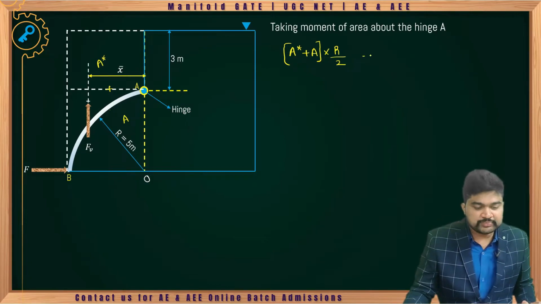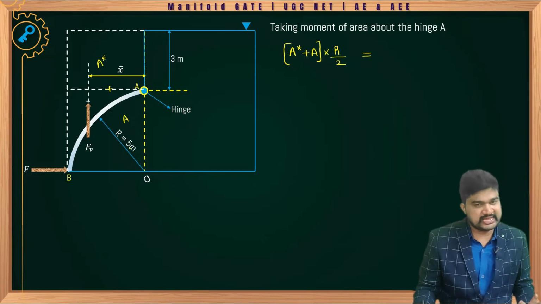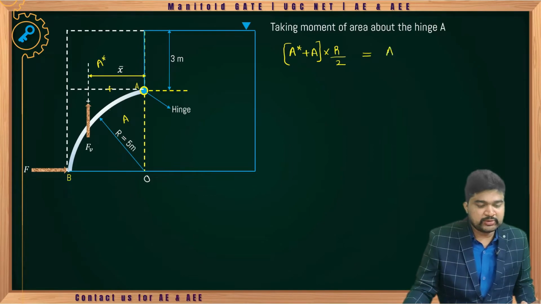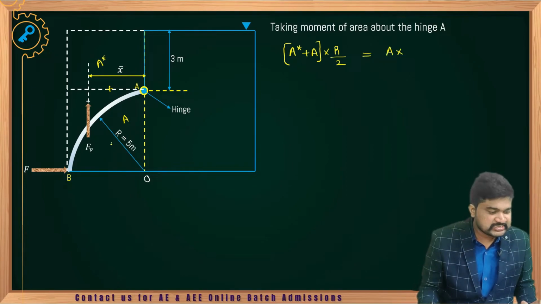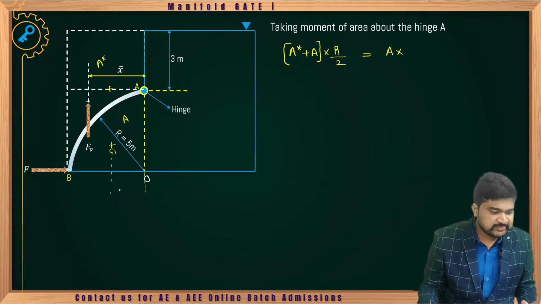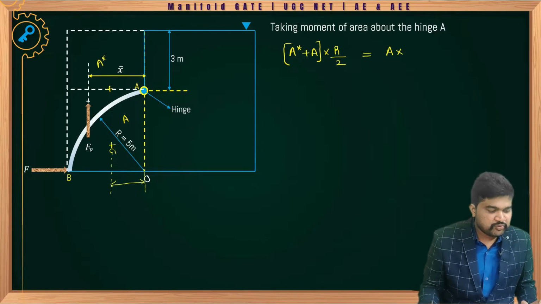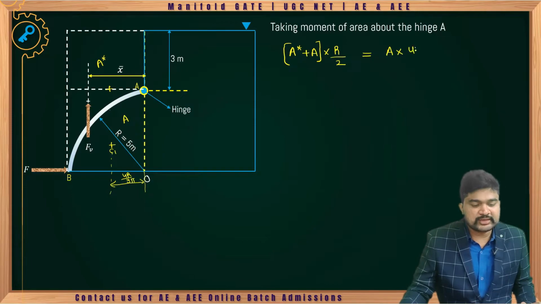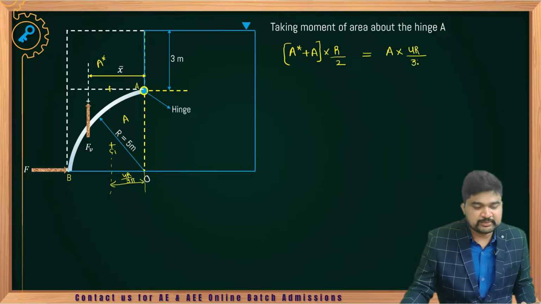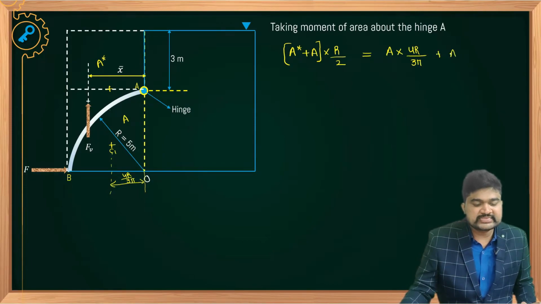That is equal to, first focus on the area A into, what is this particular distance? Centroid somewhere C1. C1 we can say this will be 4r by 3 pi. Now tell me, A into 4r by 3 pi plus A star.